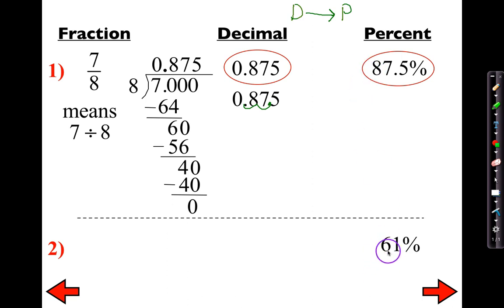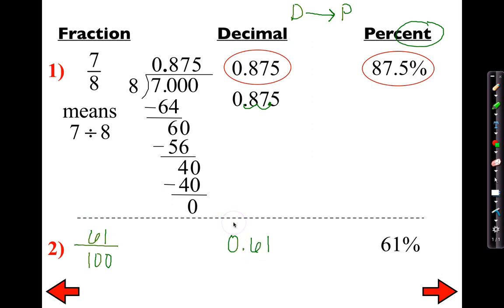Okay, now what if we're given 61%? Again, use what is the easiest. For me right now, I know the definition of a percent is per 100. So if it's 61 per 100, I'm just going to write 61 per 100. Also could be read as 61 hundredths, which conveniently gives me the decimal of 61 hundredths.